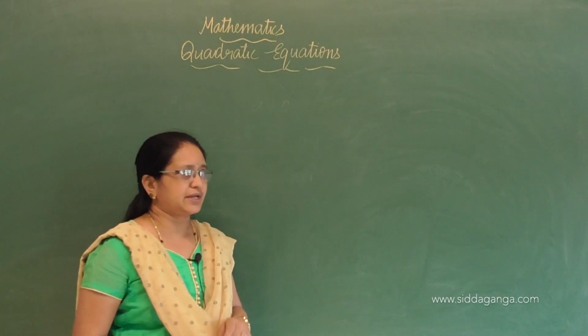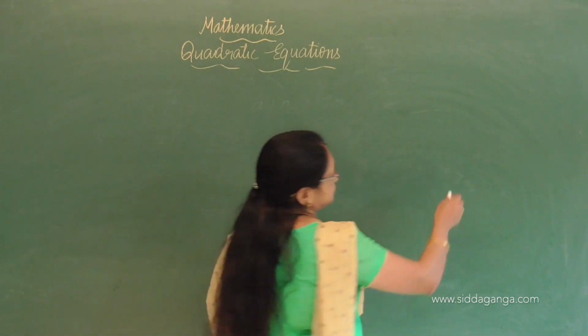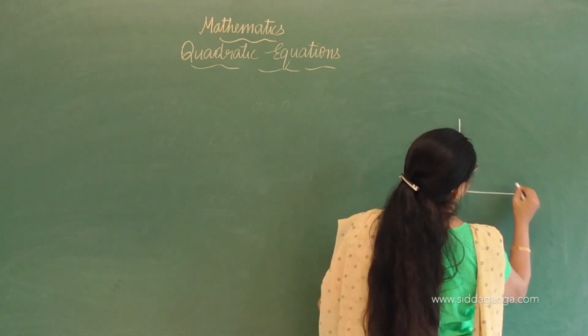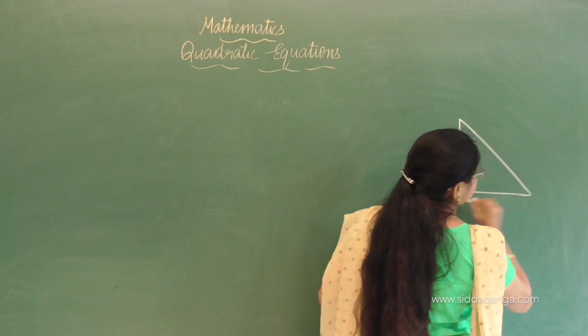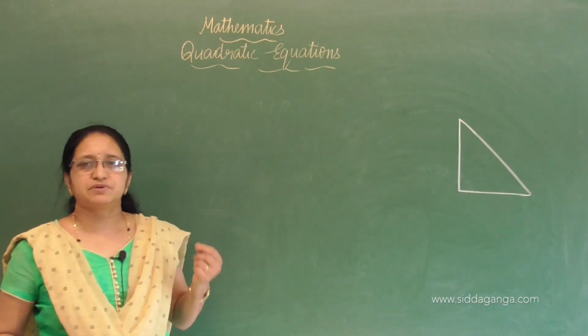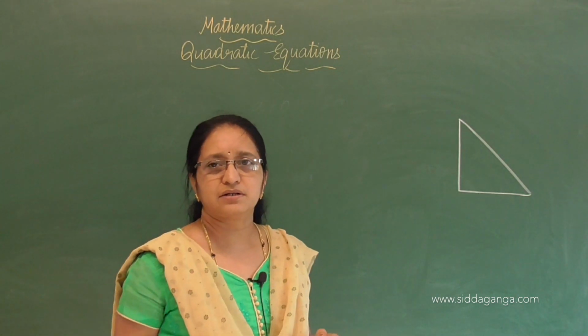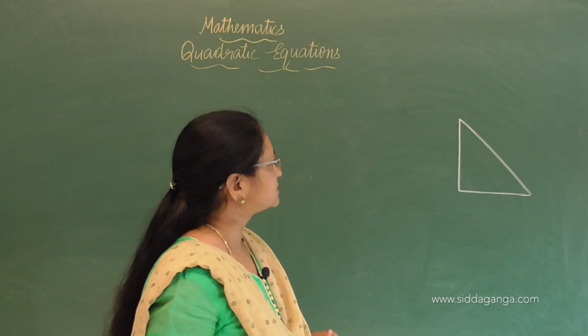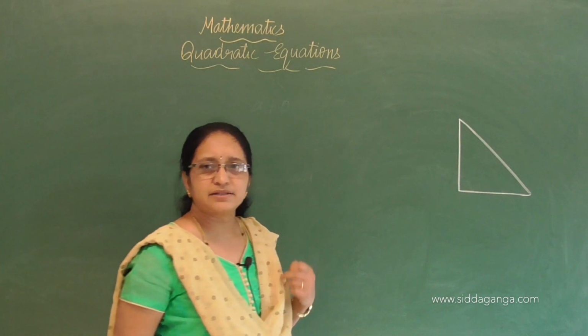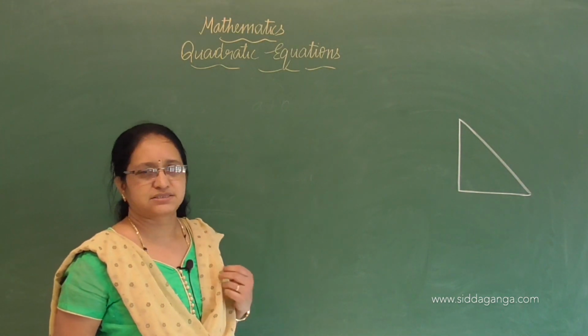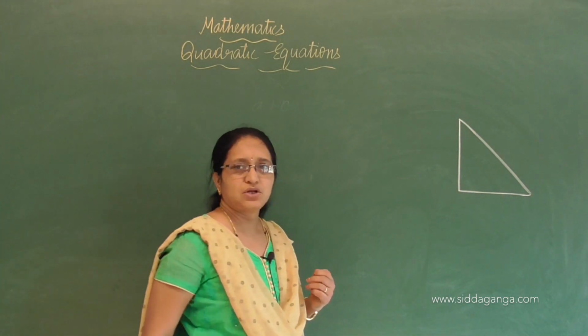Suppose we consider a right angle triangle, and the question is like this: the height of the triangle is 2 less than the base.